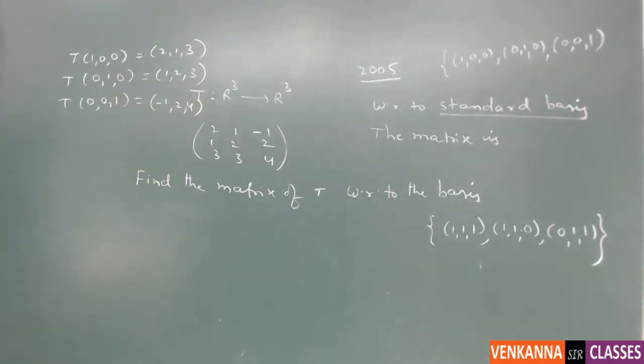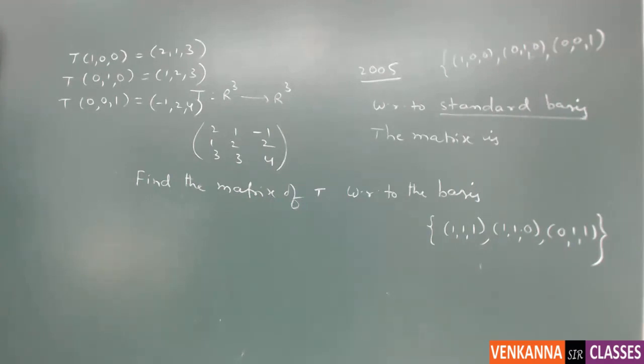There is no need to multiply the column scalars with the basis because you are using a standard basis. If you are using any other basis, the column scalars will be multiplied with the basis, and only then will you get the image. Since we are using the standard basis, the column scalars are nothing but the images.